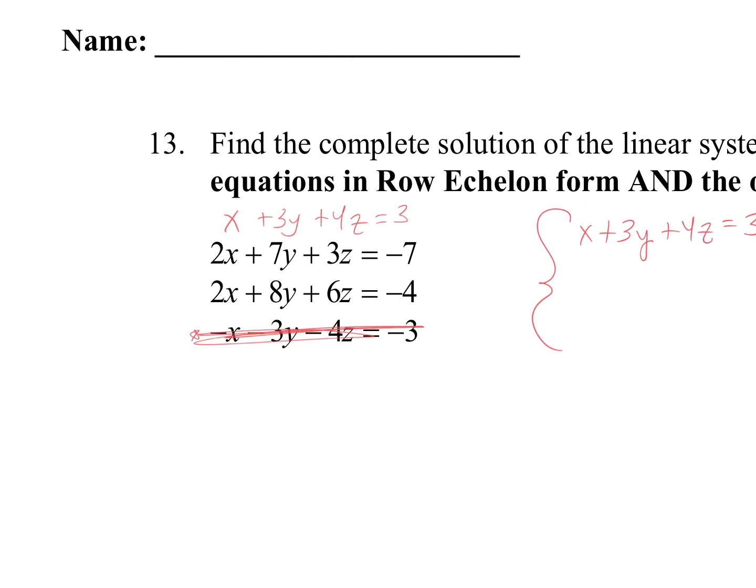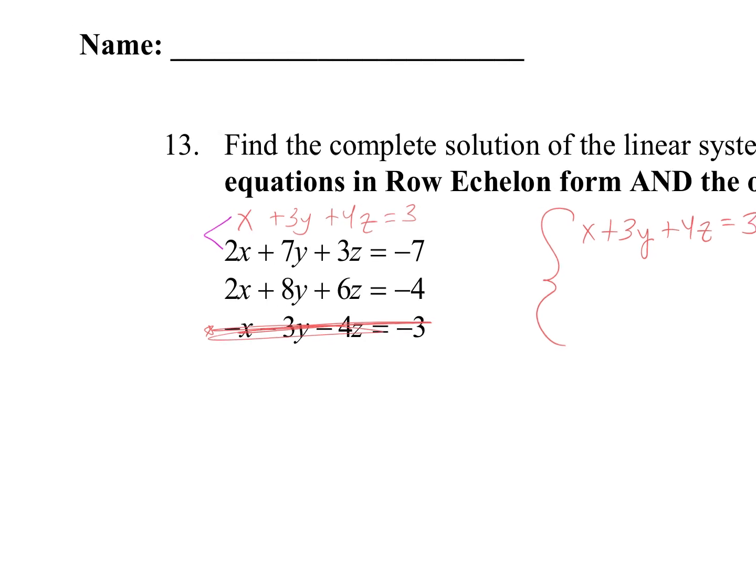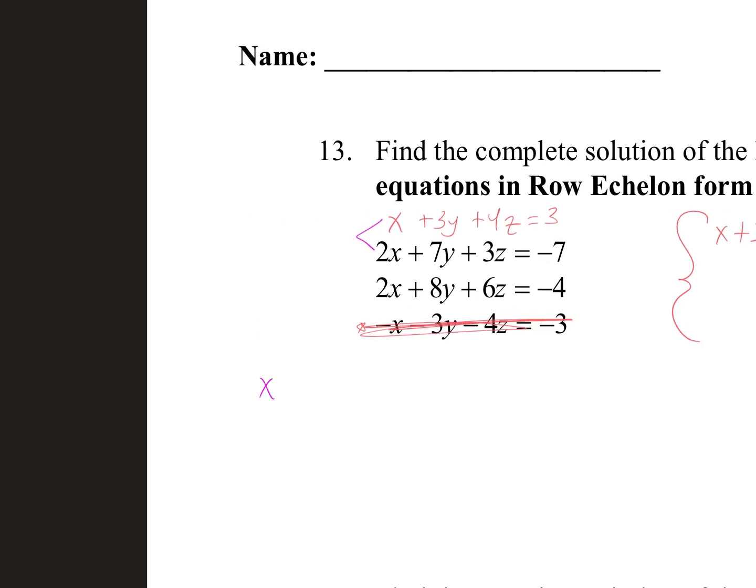So now we go through the process. We take 1 and 2 and eliminate what letter? X. So x plus 3y plus 4z equals 3. And then you have 2x plus 7y plus 3z equals -7. What am I going to multiply the top by? -2, okay.